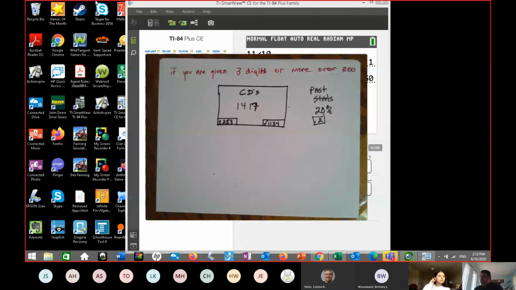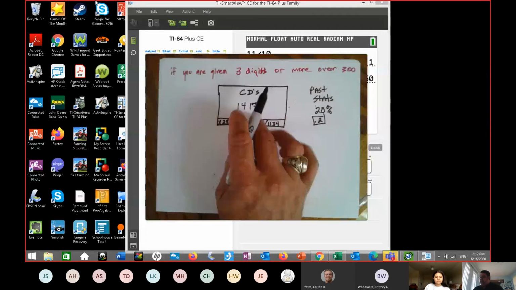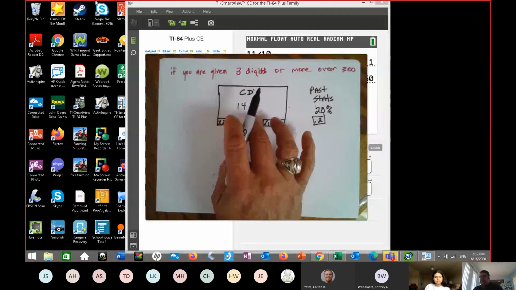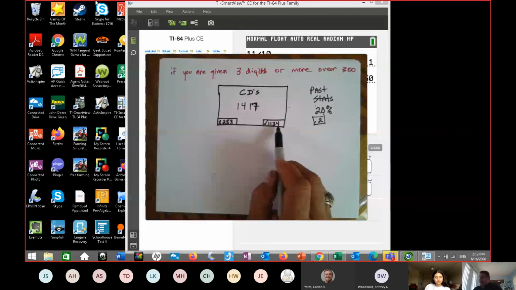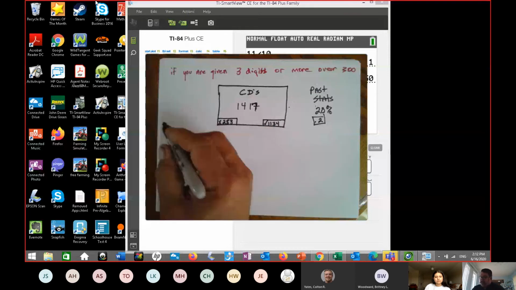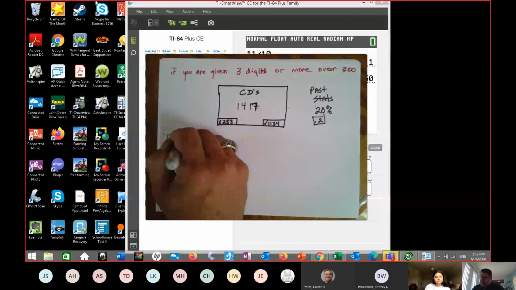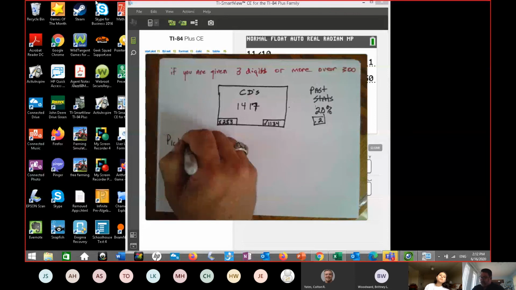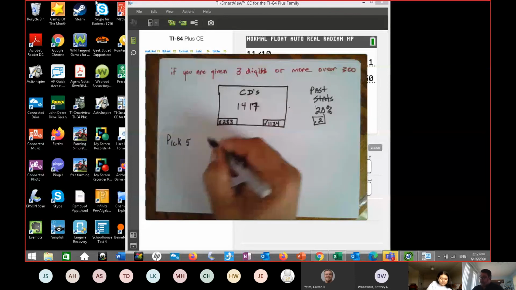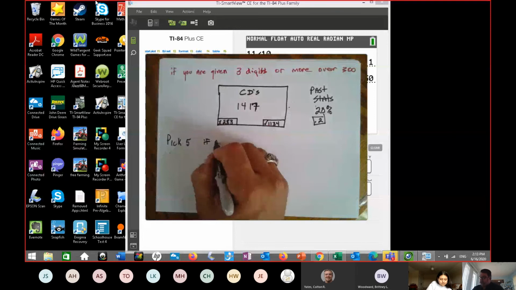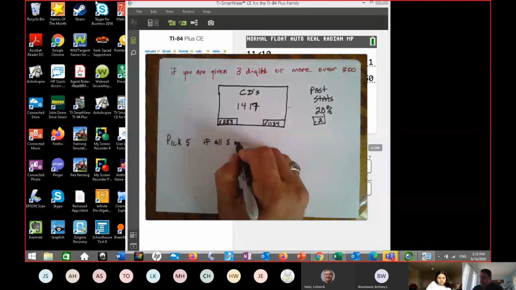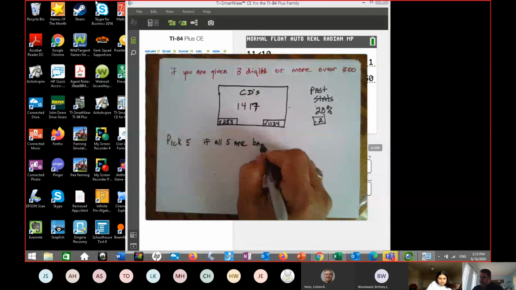So out of that bin of CDs, by past statistics, we know that there's probably around 283 that are bad and around 1,134 that are good. We want to pick 5. And if all 5 are bad, then we don't send it out.